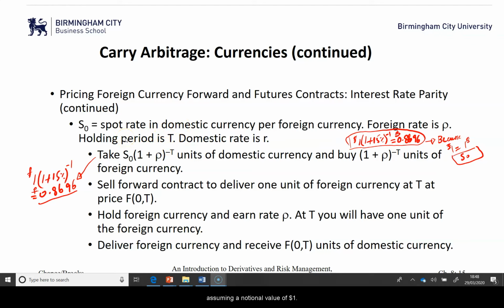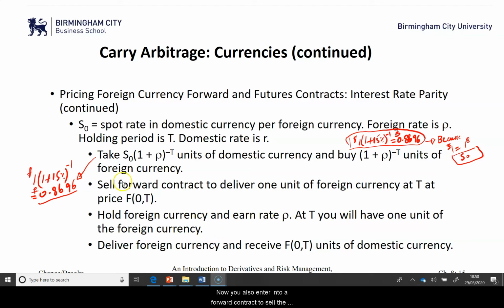So assuming a notional value of $1, you take 0.8696 in pounds and convert that into 0.8696 dollars, and then you keep that amount in a foreign currency deposit, that is a US bank deposit at the US interest rate of 15%. 1 year later, the 0.8696 dollar deposit in the US bank will grow to $1 at 15%.